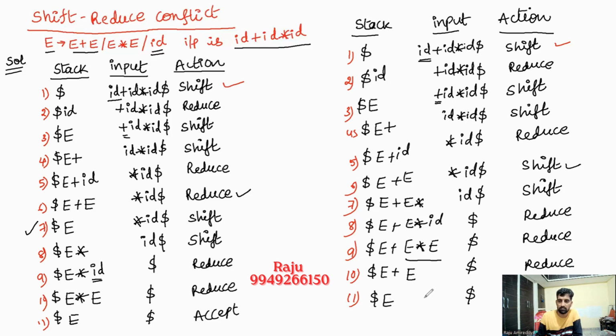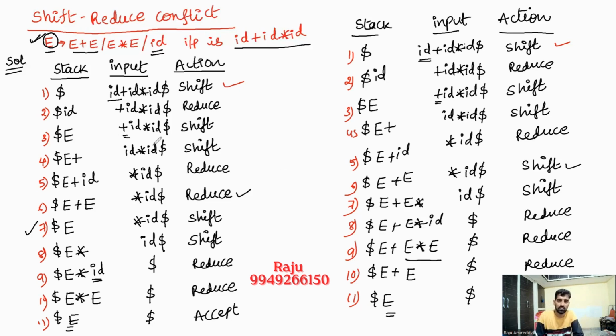And this capital E is final. This is called as accept. One of the important points: whatever the starting production we have, capital E, that must be dollar E, ending with the E only. Now this is a shift reduce conflict.